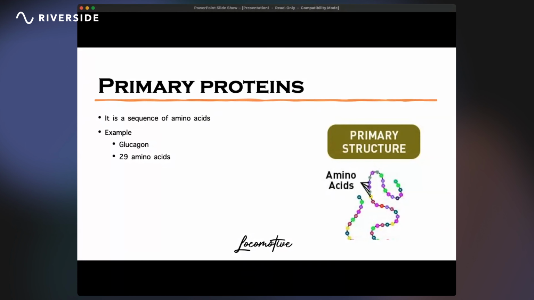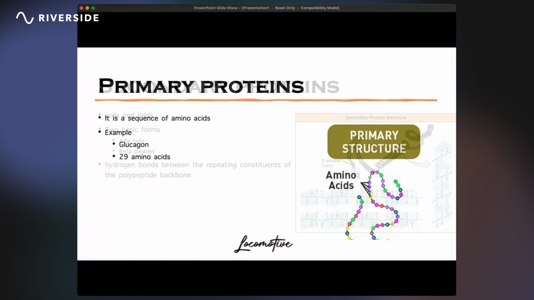For example, glucagon, a hormone secreted by the pancreas, is a small polypeptide with only 29 amino acids. So what's the key word from the primary proteins? A sequence of amino acids.